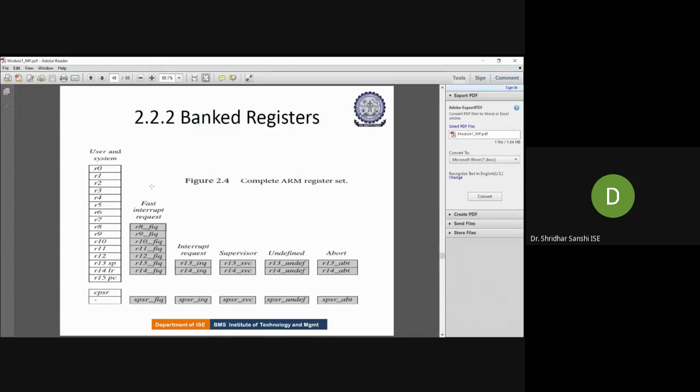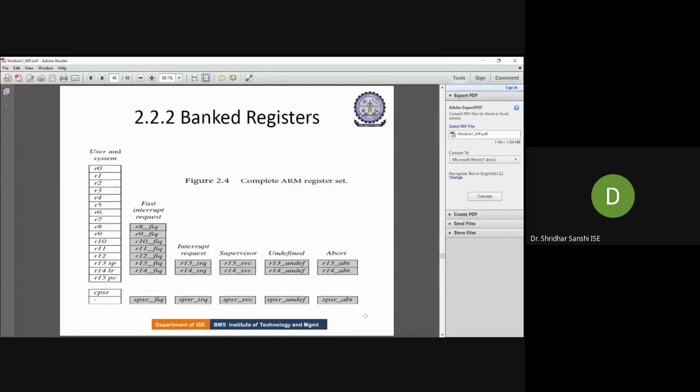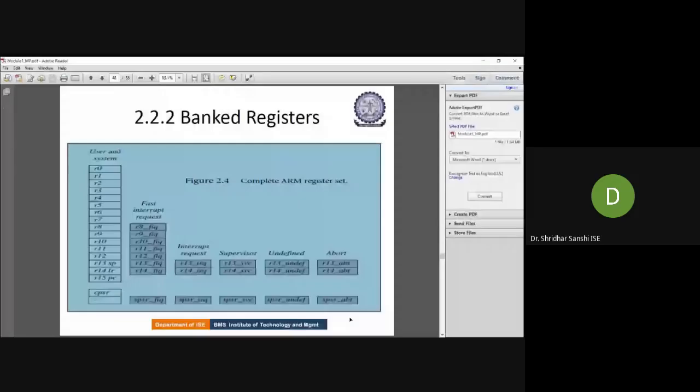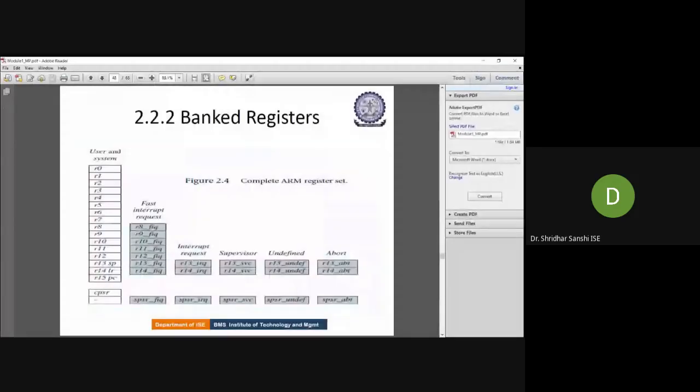Suppose I'm working in the user mode and something happens, for example an undefined instruction. Then the contents of R13 and R14 will be replaced by the banked R13, the SP.